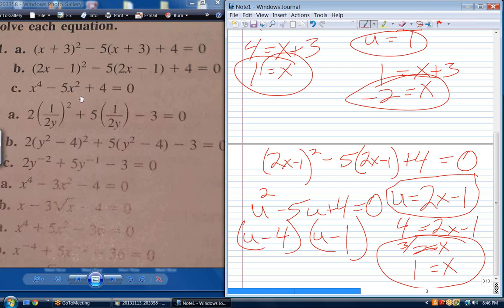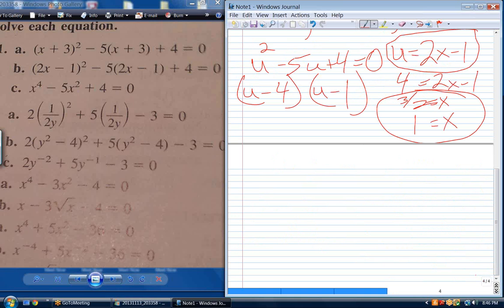Okay, so on C, u would be x squared. So I would end up with u squared minus 5u plus 4 again. They've set these up so that they all end up with the same equation for u. I guess that's so you don't have to spend a lot of time factoring it. But wait, u equals x squared?